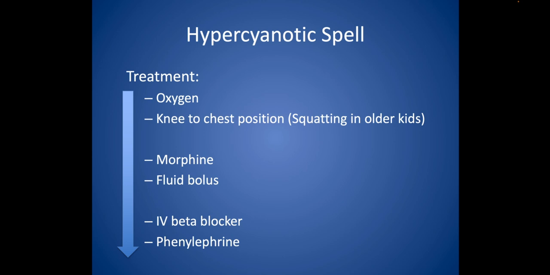Many of these Tetralogy of Fallot patients have stiff hearts from the right ventricular hypertrophy, and so they are preload sensitive. Adequately providing good preload would help stretch that RV and promote more blood flow towards the lungs. And then when you have more significant episodes, things like phenylephrine would acutely increase your systemic afterload, which would hopefully promote right ventricular blood flow into the pulmonary circulation.